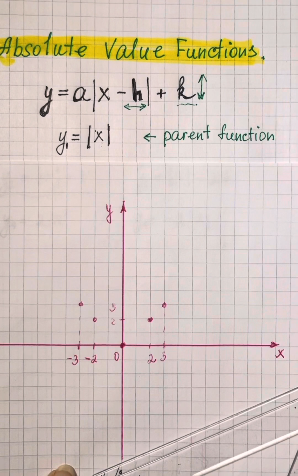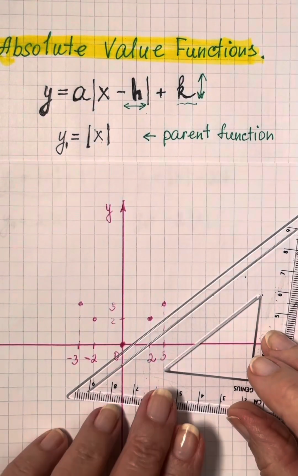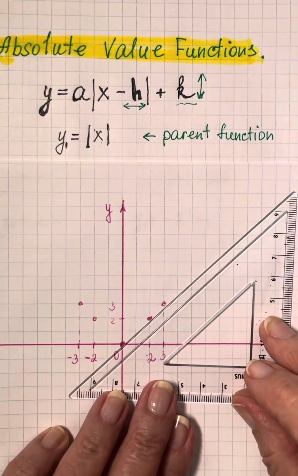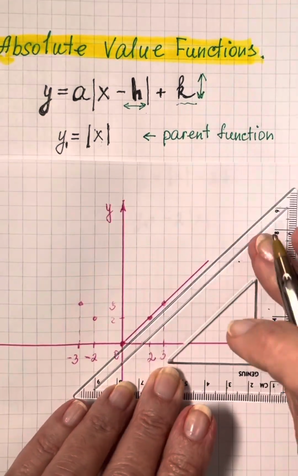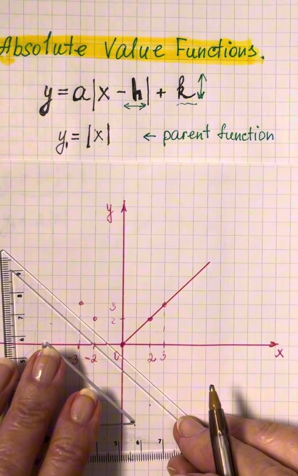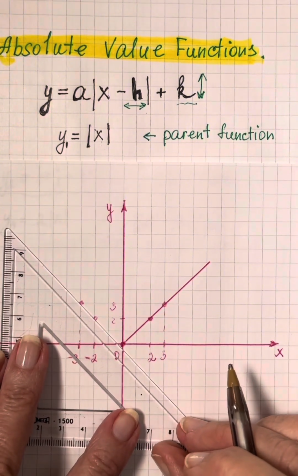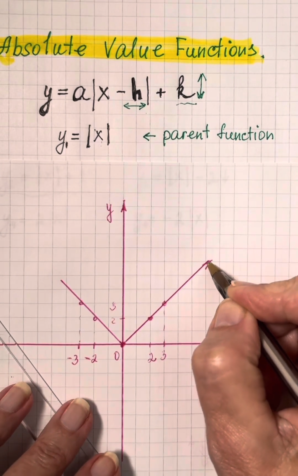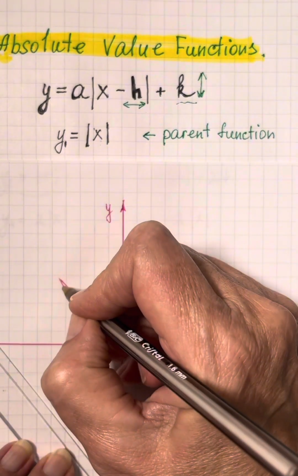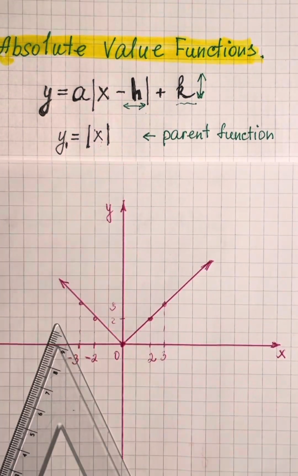We're going to connect those points. I'm using my ruler. We're going to connect and see what will happen. Right here I put it to show that it is continuous first.